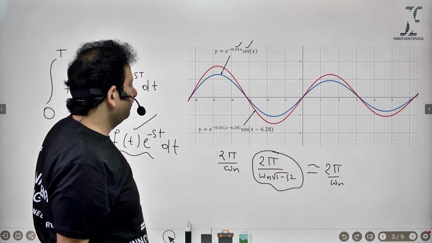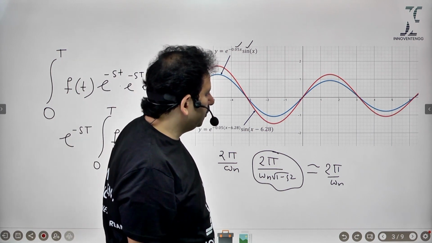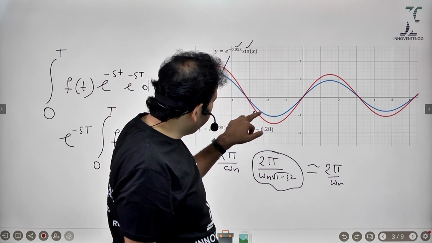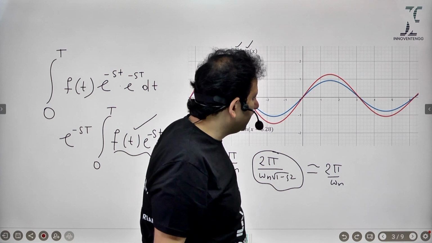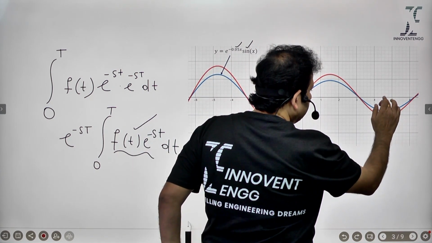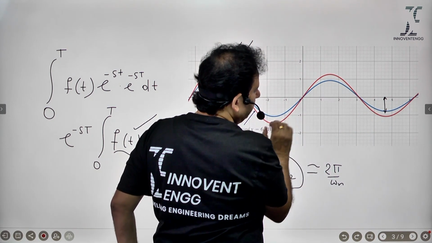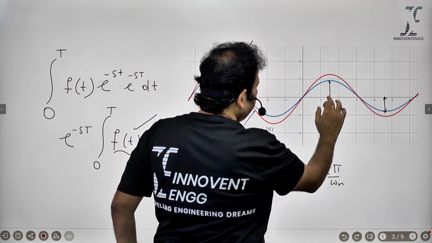The first wave that I'm talking about is the blue wave. And what you should see here very carefully, as the wave is moving, is that it is losing its amplitude because it is underdamped. The loss of amplitude is not very significant, but it is definitely happening.